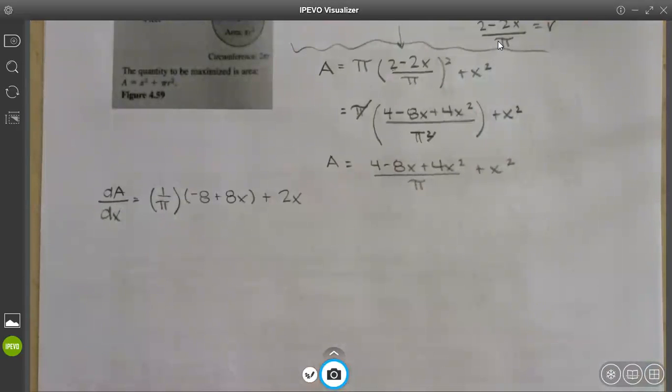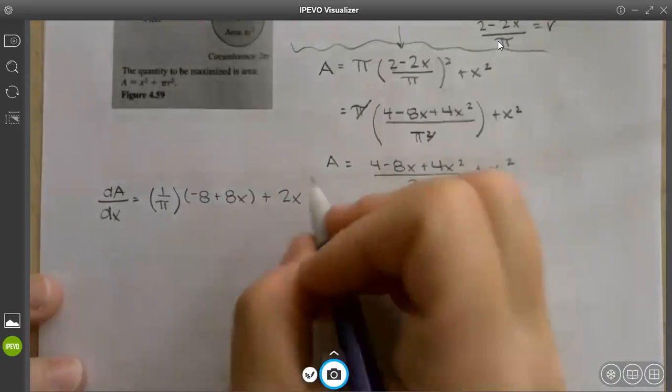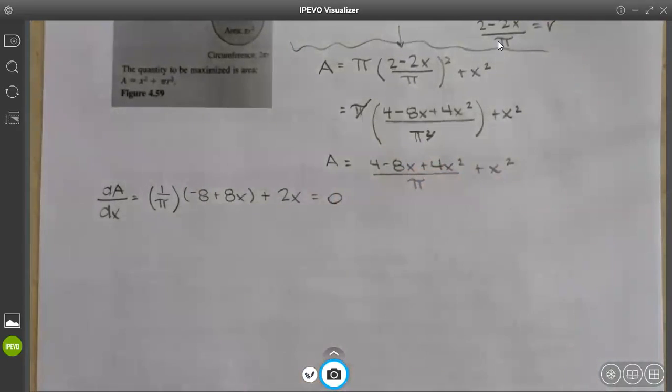What do I need to do now? Set it equal to 0.